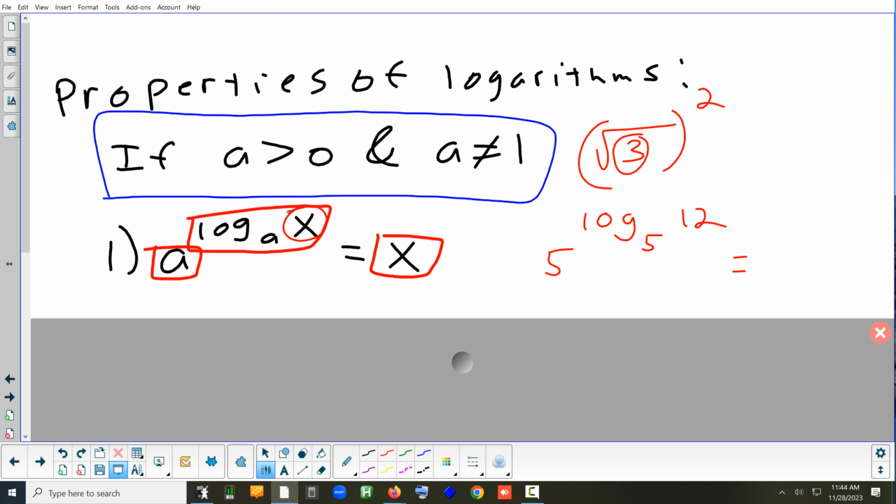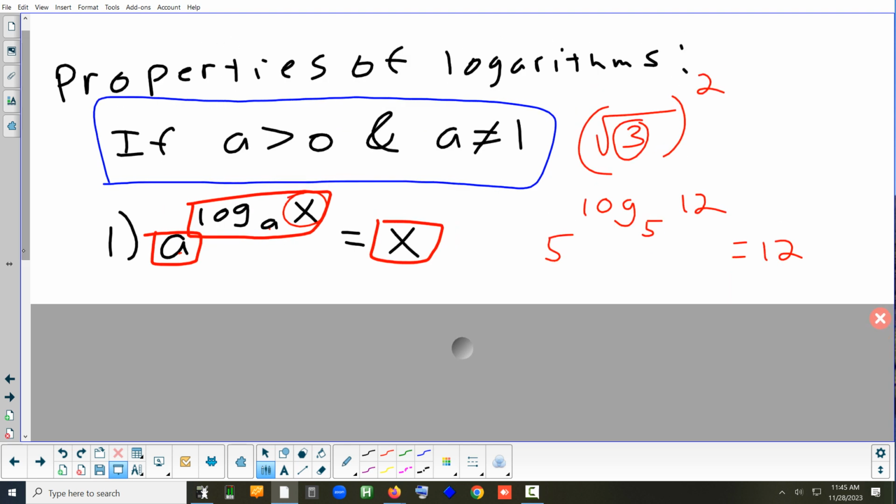They only cancel out because these numbers match. So based on that property, what do you think the answer to my question would be? Yeah, the answer is 12. So it's a special pattern where things cancel out. I can't explain why, but for now I'm just more concerned that you know the pattern. If you want to see why, I can show you.